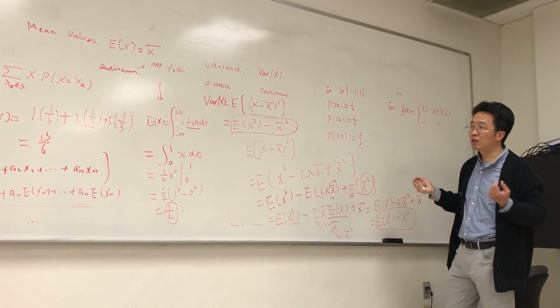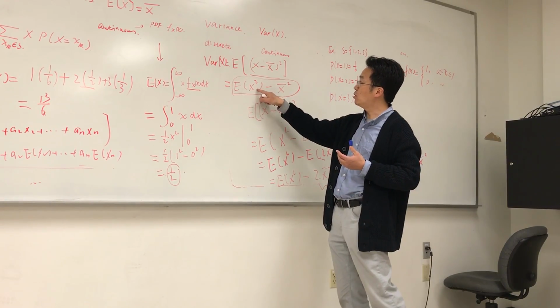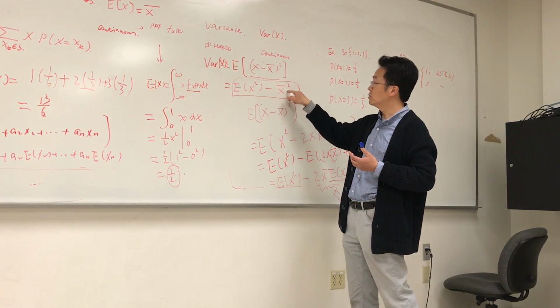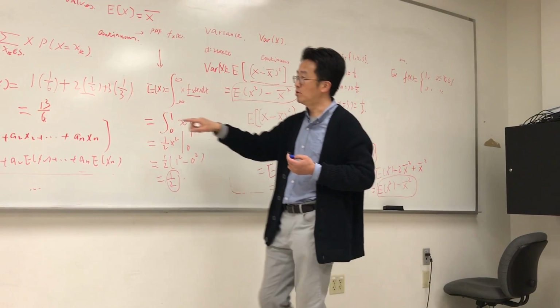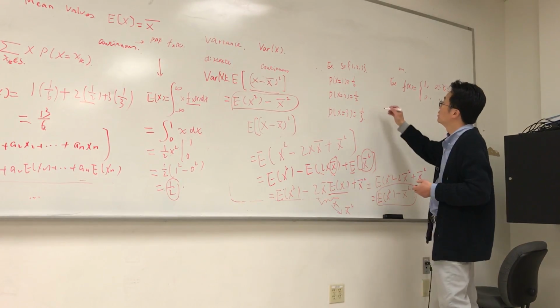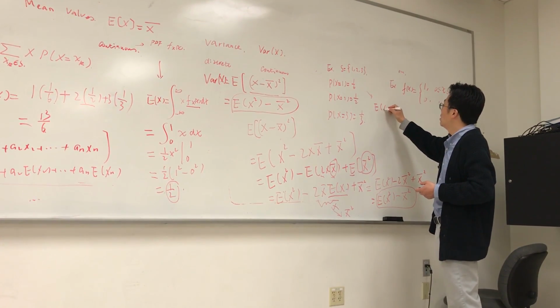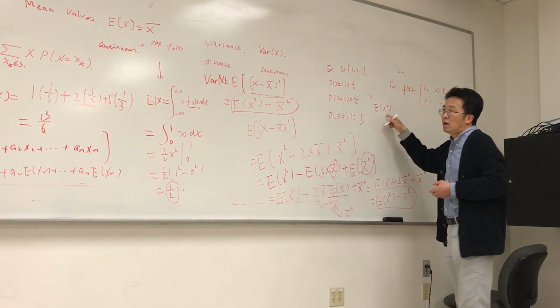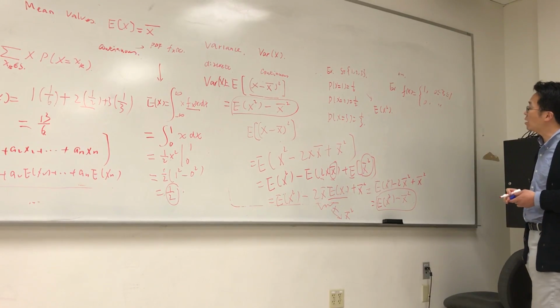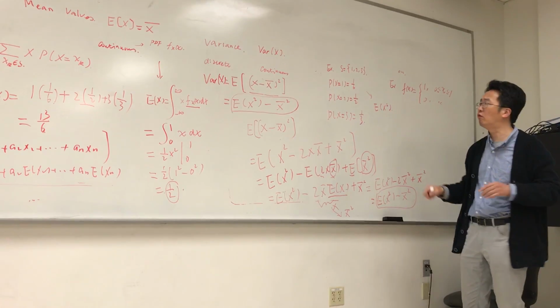For the discrete case, you can see here, we only need to determine this one, because this is already derived, which is here. So let me work here. For this guy, let's determine E of X squared. Before we talk about how to determine it, I'd like to point out a very useful formula.